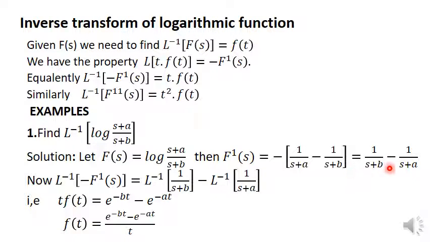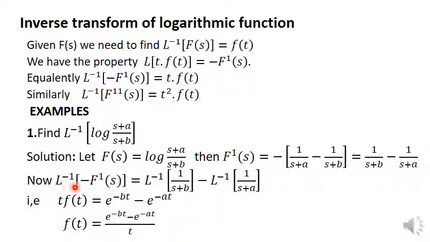Now, this is minus f prime of s. Now we have L inverse of minus f prime of s equal to L inverse of 1 over s plus b minus 1 over s plus a. Take L inverse on both sides.